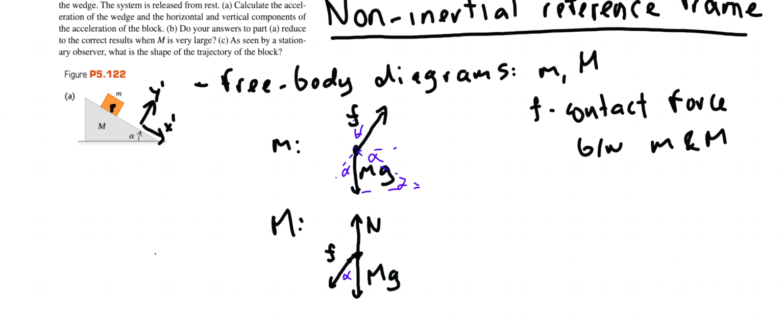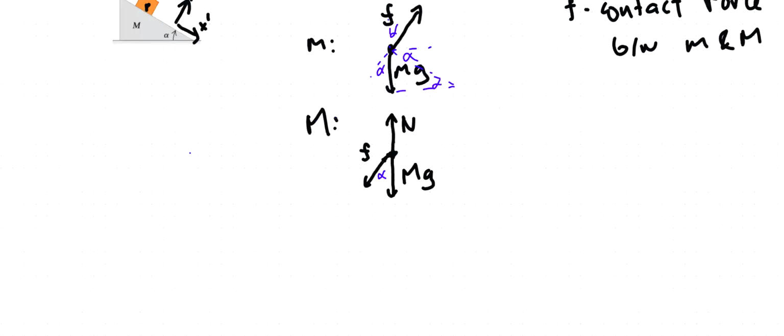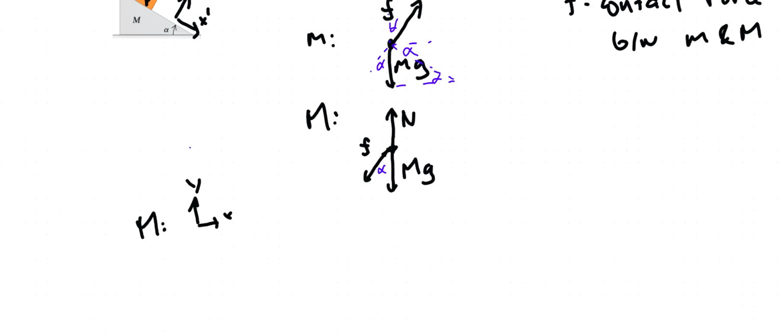Next step, let us calculate our equations of motion. On the one hand, for M, I'm going to use this coordinate system, vertical and horizontal.